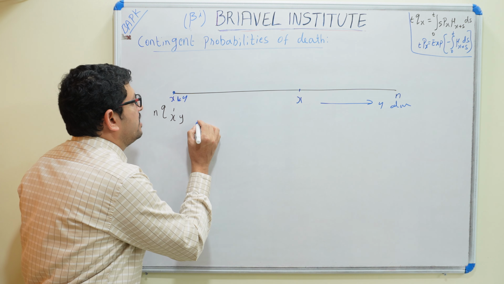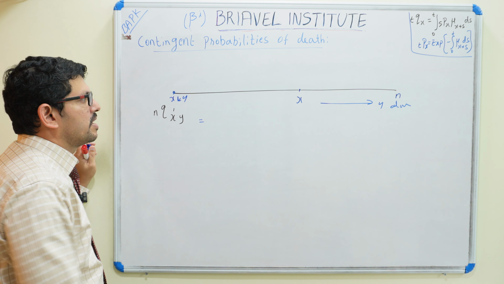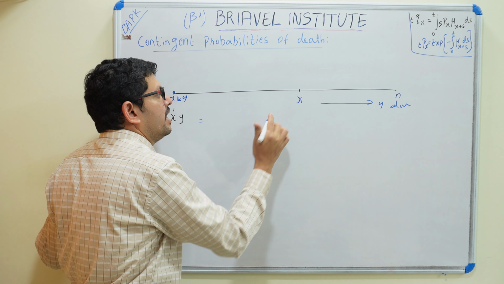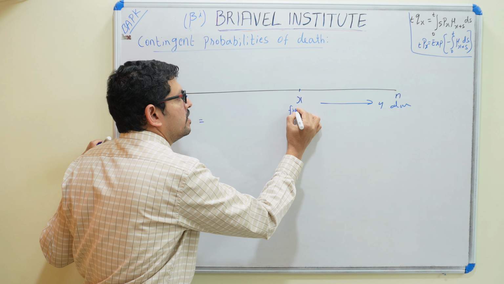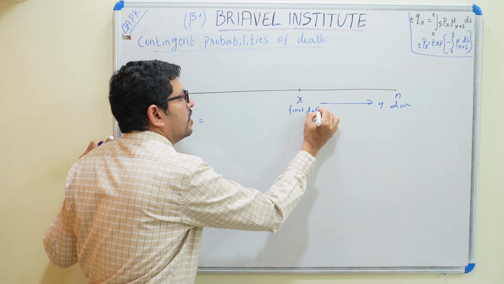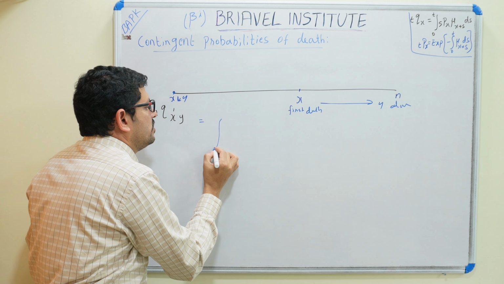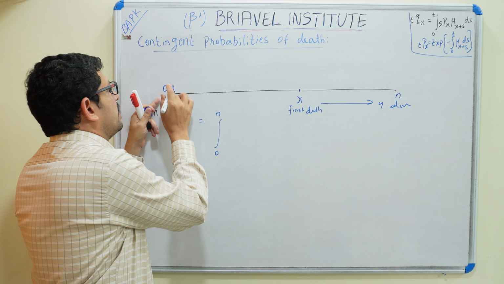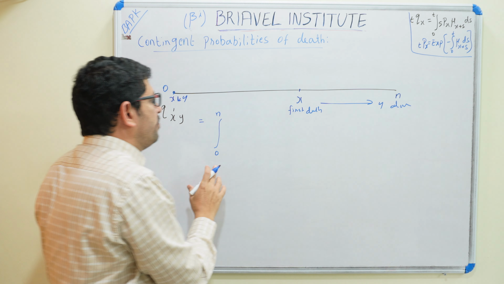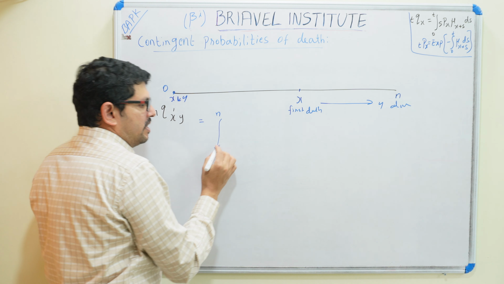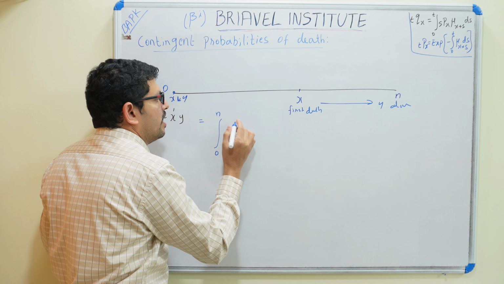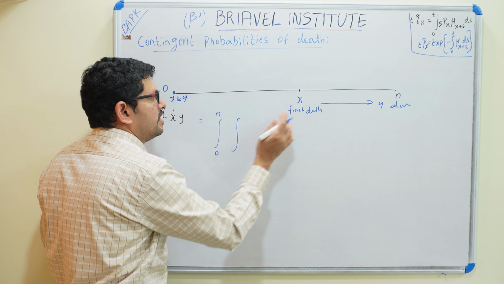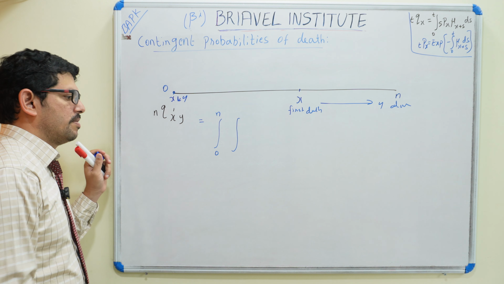So now we can write the probability. How to write it? It is a continuous case, at any point of time x will die, x will be the first death. So we write it as 0 to n, within the n period of time x will die, and it is a double integral because the second life y is there.